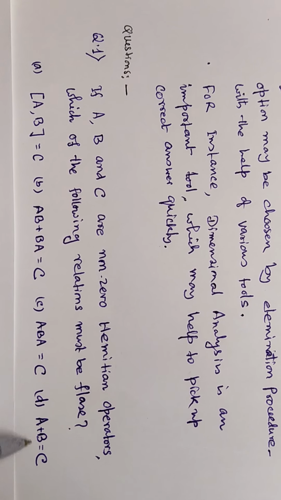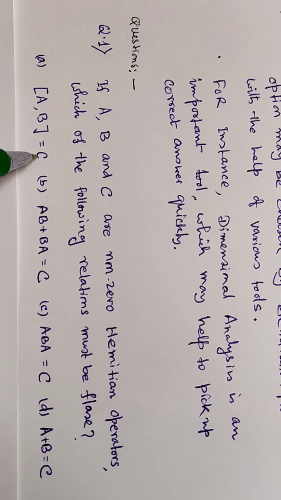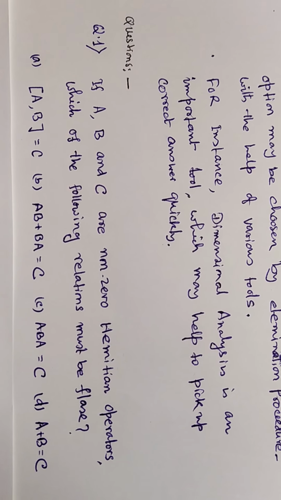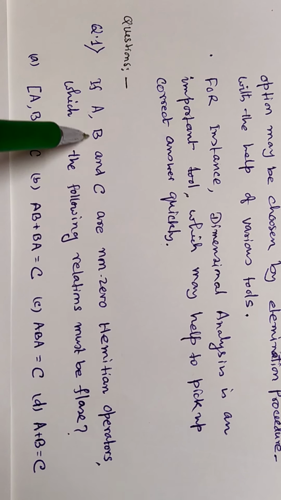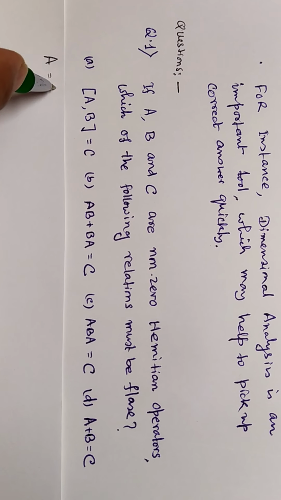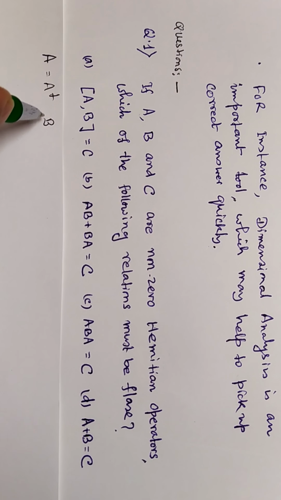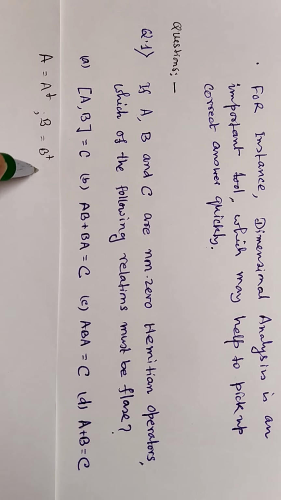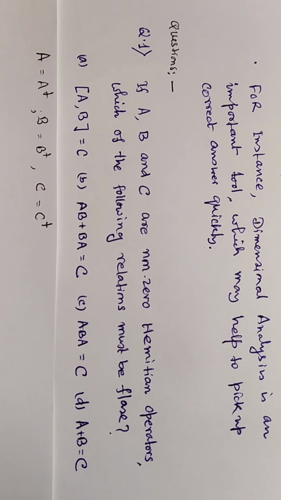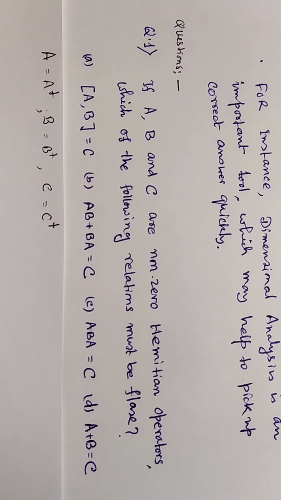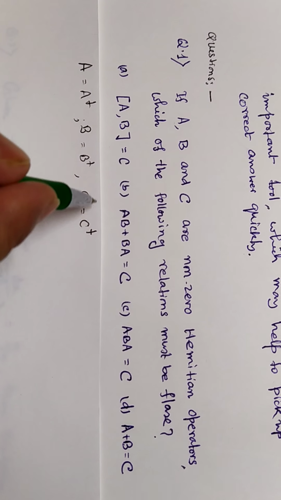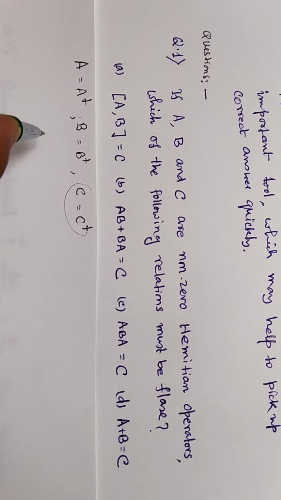In each case, the operator C is expressed in terms of A and B. Remember and focus on this sentence: A is Hermitian, means A equals A dagger, B equals B dagger, and also C must equal C dagger, because all are Hermitian operators. Now let us check the relations they have given, whether they satisfy this relation or not.